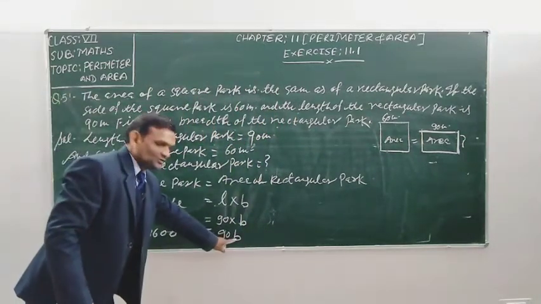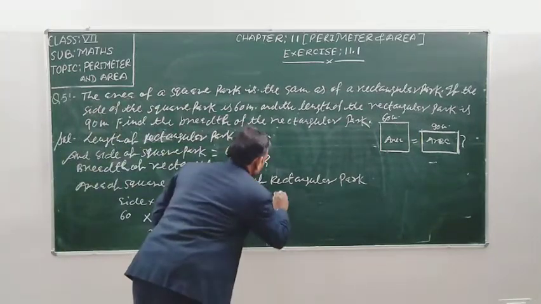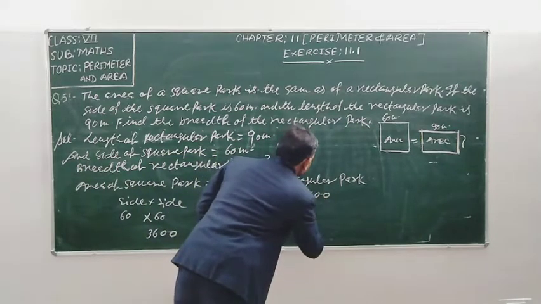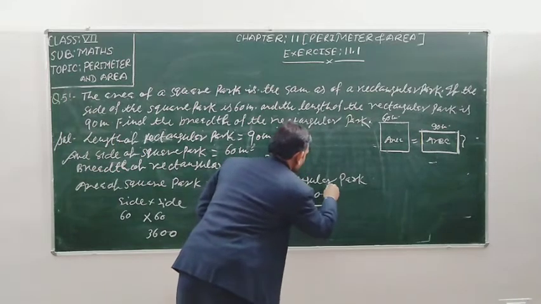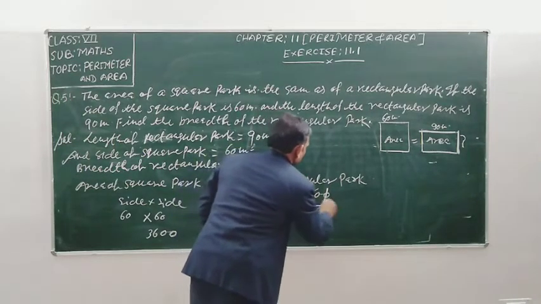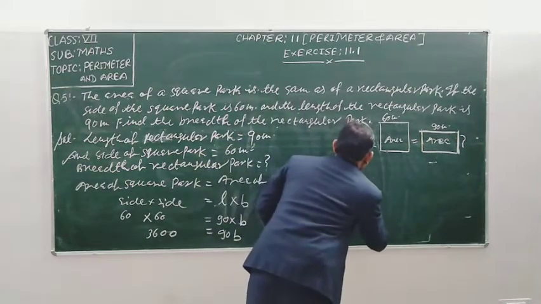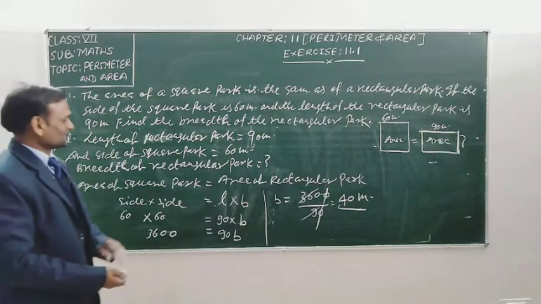So b is equal to, we transpose 90 to the left side, we have to divide, so b is equal to 3600 upon 90. 9 cancel, 9 4s are 36, 40 meter is the breadth.